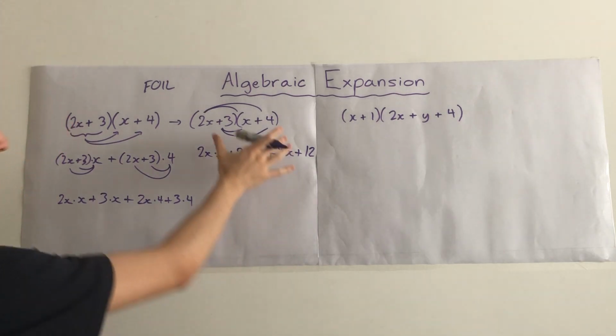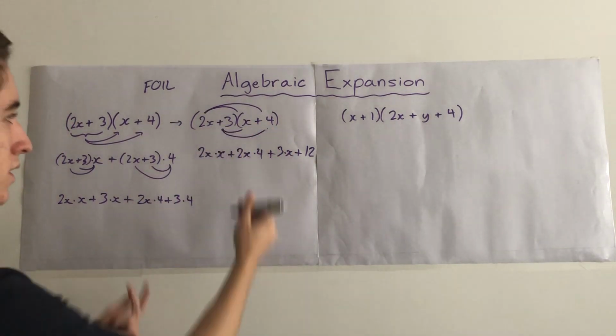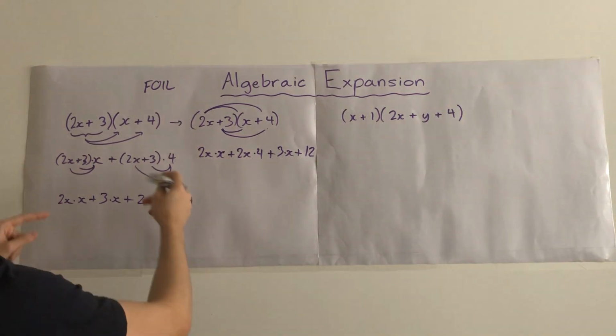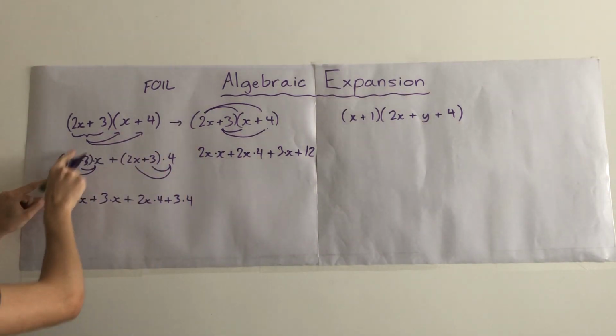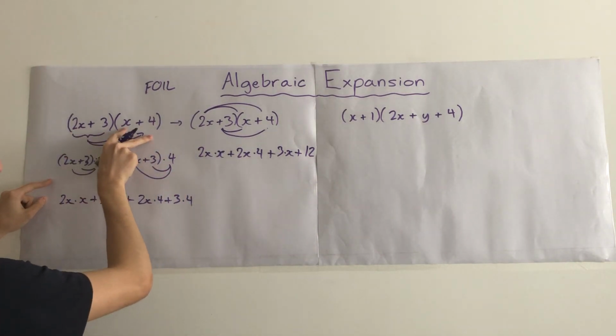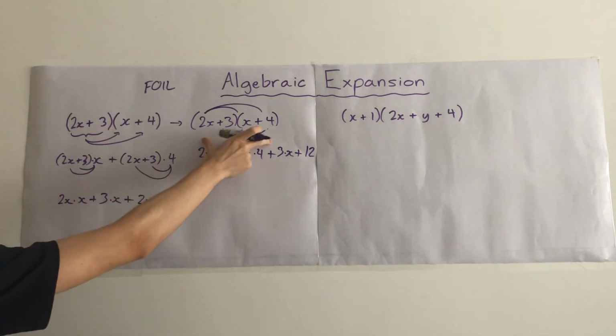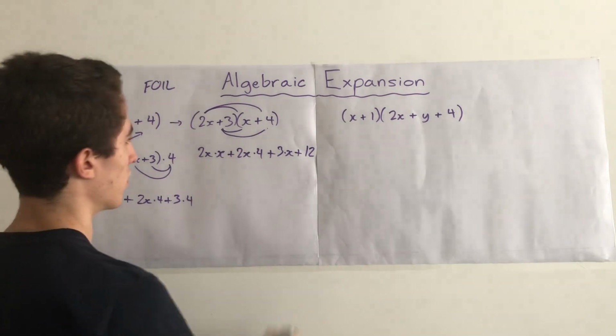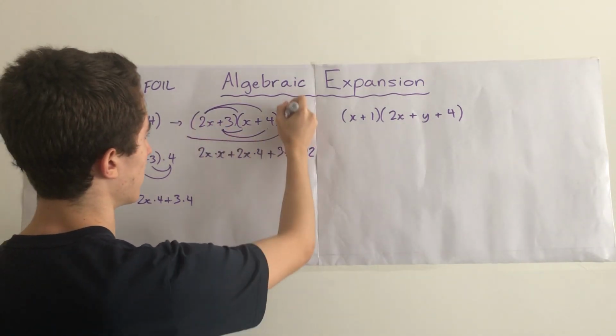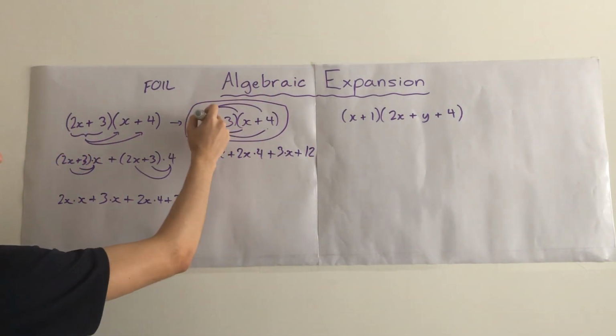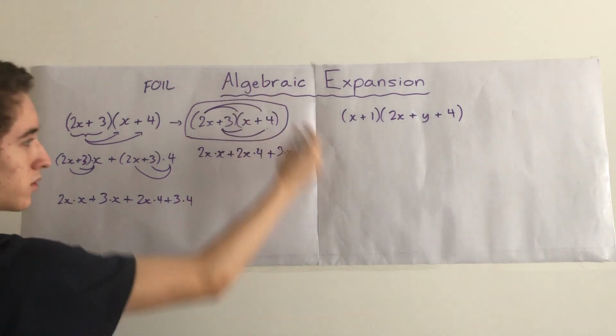This is what we would call FOIL, and it's just the same process that we did here. We ended up multiplying each term by the other two in the other parenthesis, but this is just a quicker way to look at it. So remember this pattern: multiply each term by all of the others in the other parenthesis.